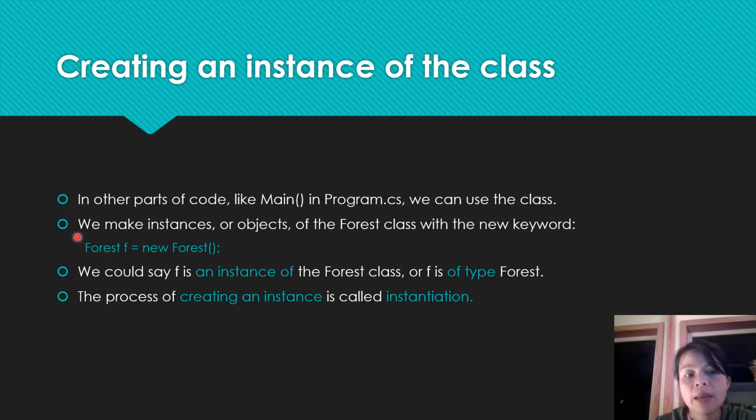In Main, we make instances or objects of the Forest class with the new keyword. Forest is the data type, and f is the variable name, equals new Forest with parentheses.